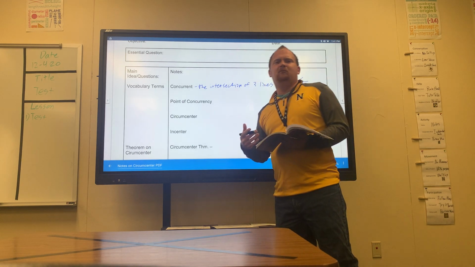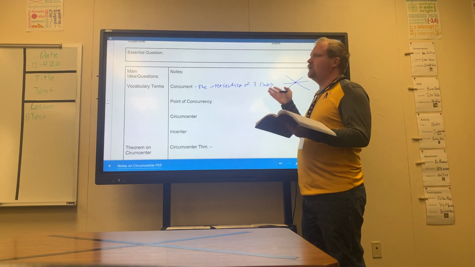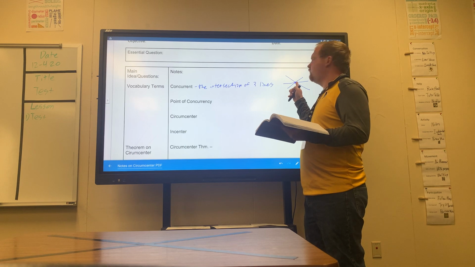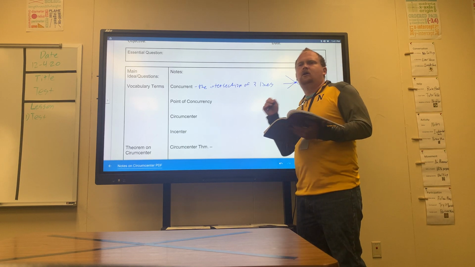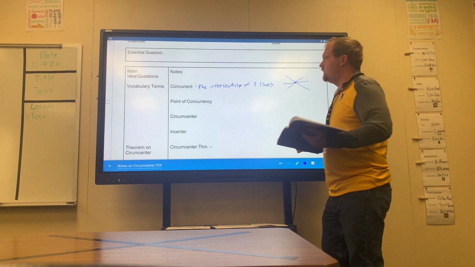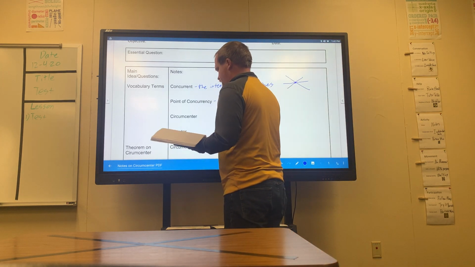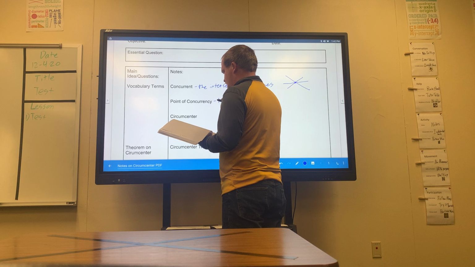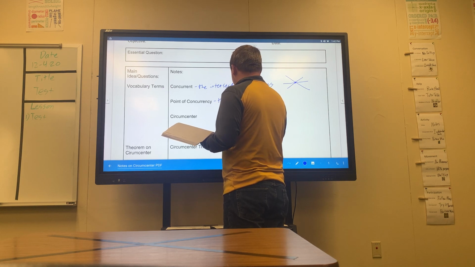So that basically means that when I have three lines that intersect, they have a common point right here. All three lines are going to have a common point. That's a concurrent.